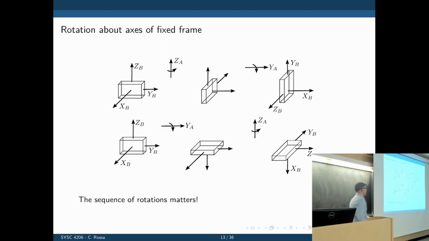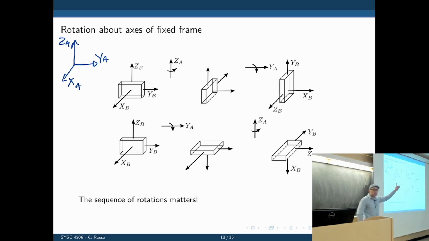Here is an example. So we have this object, attached a frame to it, and you're going to rotate this object with respect to a fixed frame that is positioned like that. So first, let's rotate that frame around ZA. So we take the box there and rotate that around ZA.